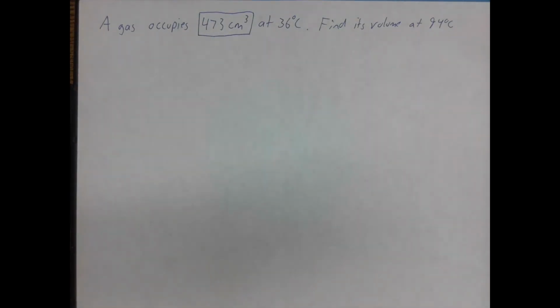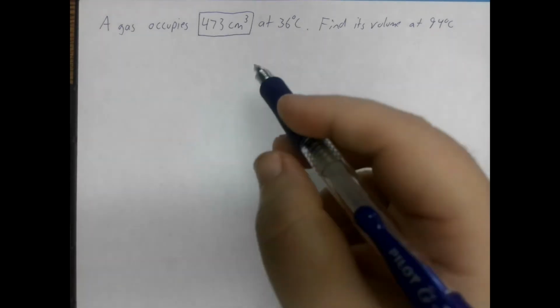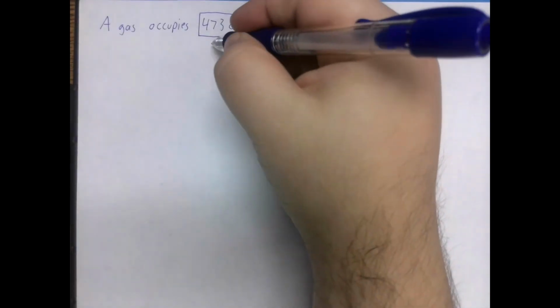Cubic centimeters is a measure of what? Mass? No, mass is measured in grams. Length cubed is volume.